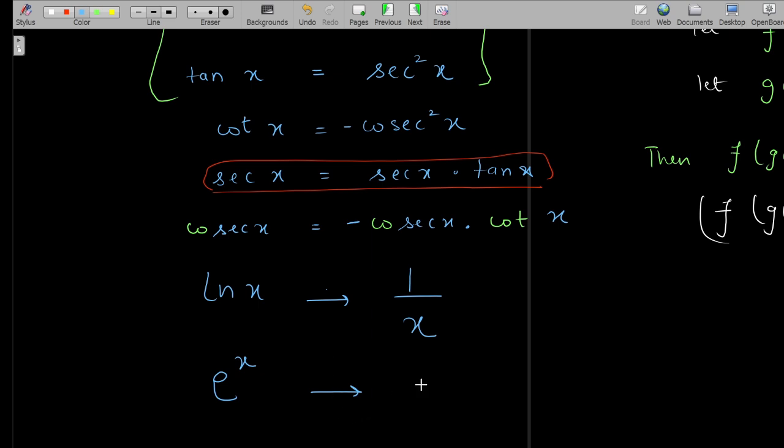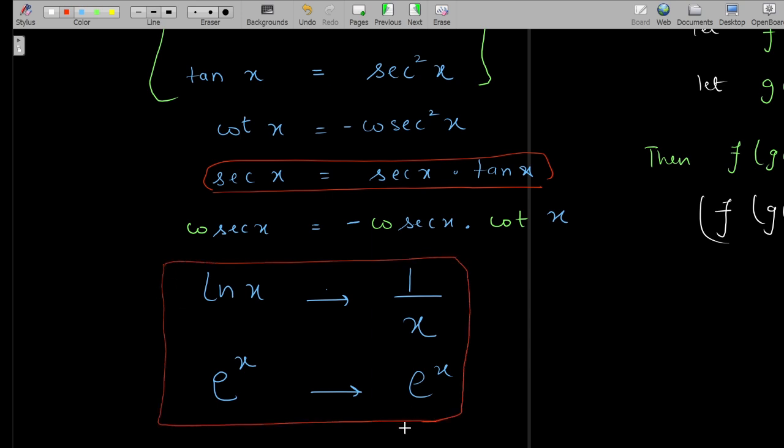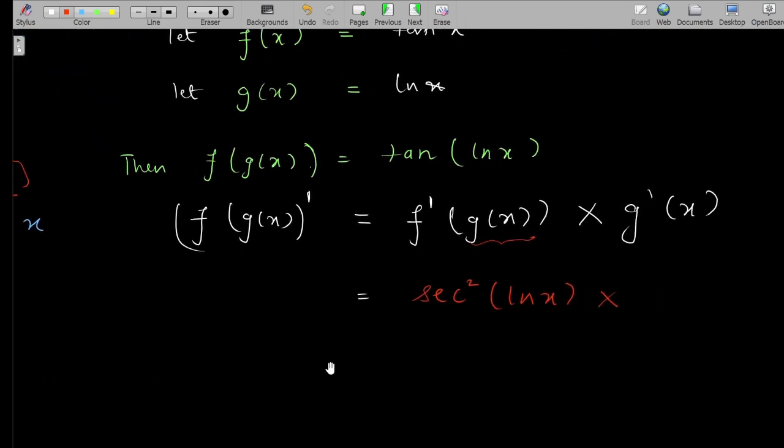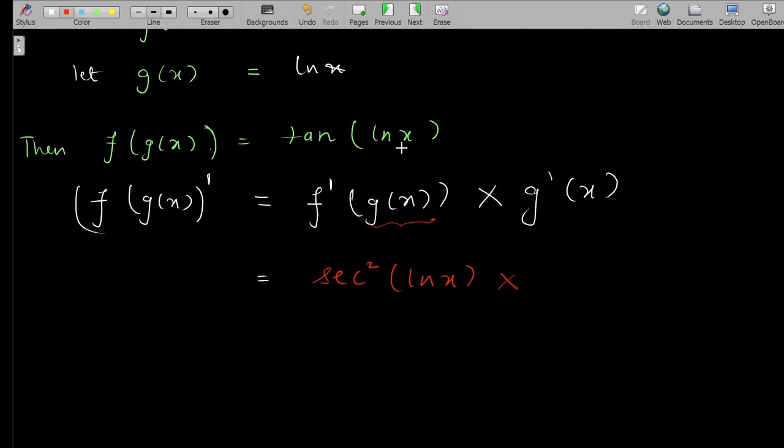Is that 0 or 1? No, the derivative of the exponential function is the exponential function. This is the only function whose derivative is the same as the function. So the derivative of ln x, the function which is inside, is 1 over x. Now this is your answer: secant square ln x over x.